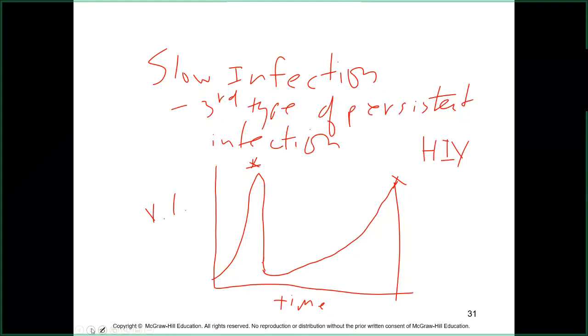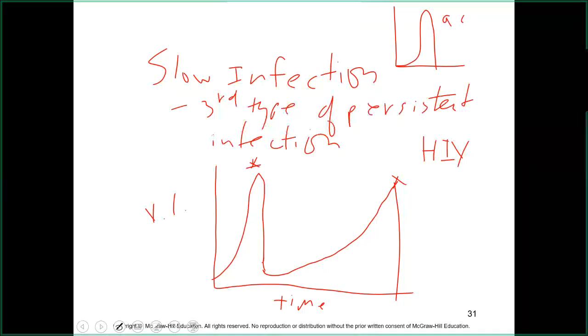So those are different variations of those. All right, so we have those. And then you have infections like you would say get if you had a rhinovirus, a cold virus infection, and it would look like this. Get the virus, you develop symptoms, and then it goes. So you can clear viruses. That would be an example of an acute type of infection that's not persistent. We have that.